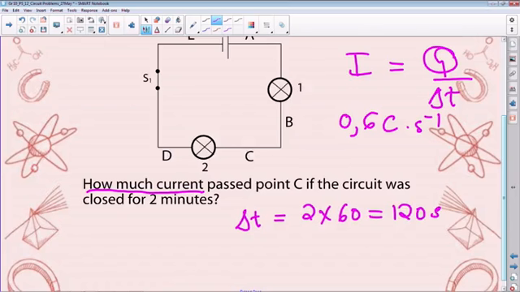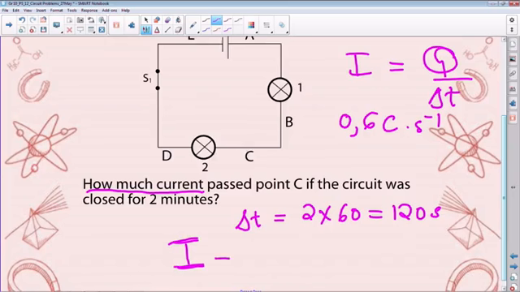What did we agree on? We agreed that per second, there's 0.6 coulombs of charge passing through a point. Now, in 120 seconds, we want the quantity of charge that will pass through in that time.